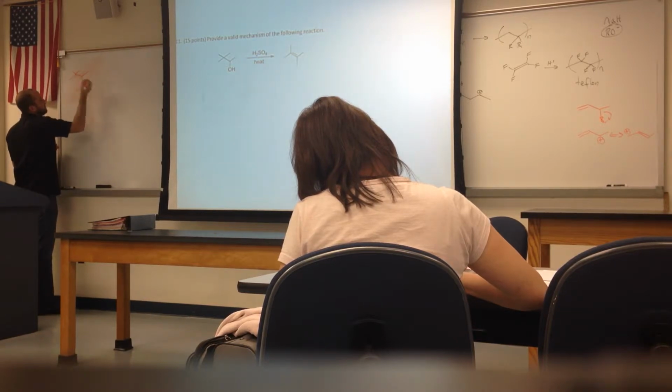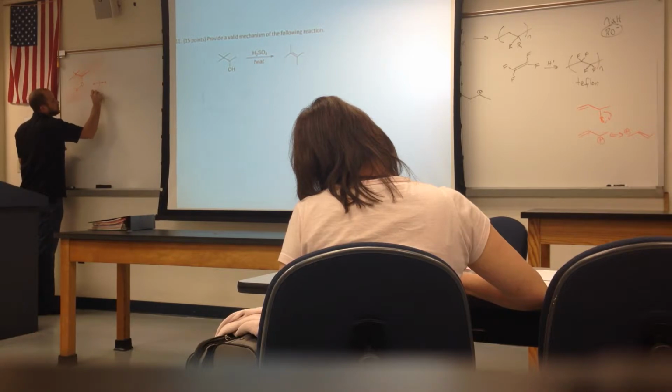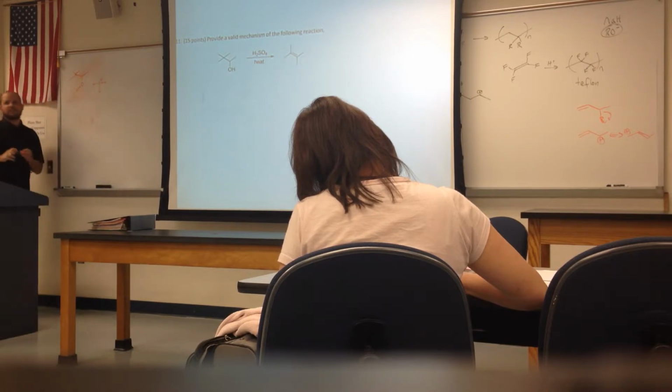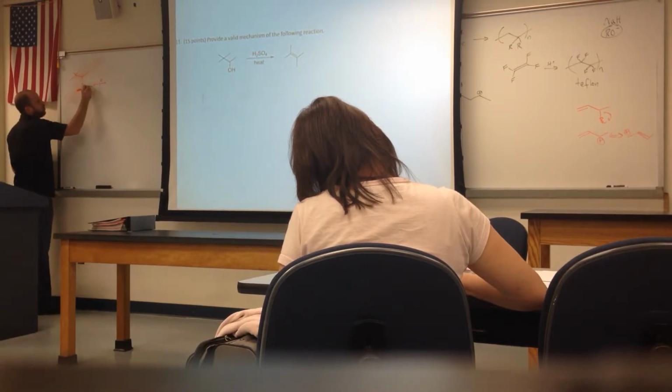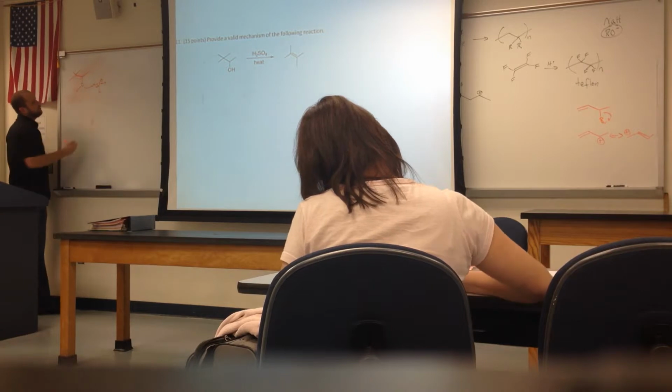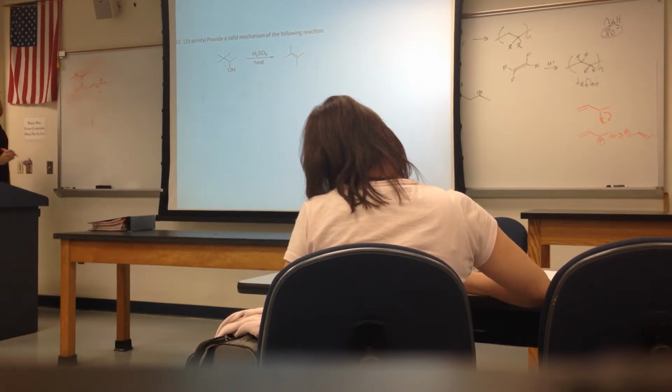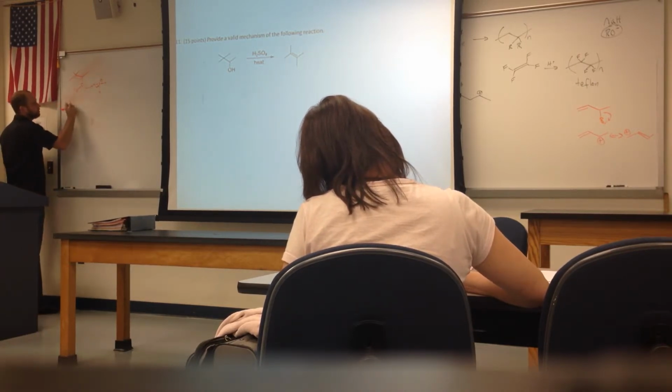I think in the answer key I use sulfuric acid, but in reality we should be using H3O+, anytime there's acid in water. First step is always protonation. The lone pair picks up a proton, those 2 electrons go on to the oxygen.